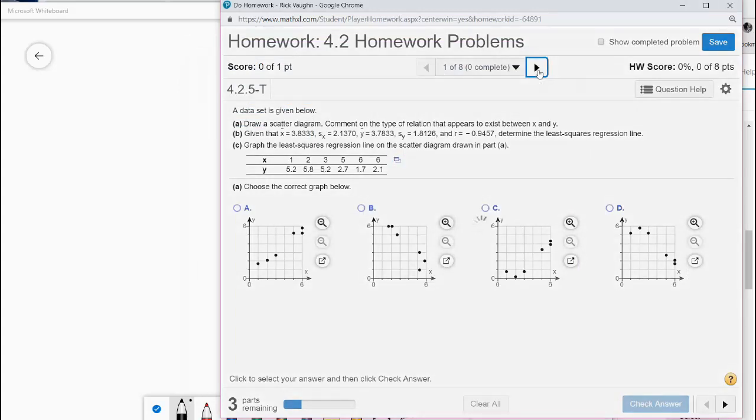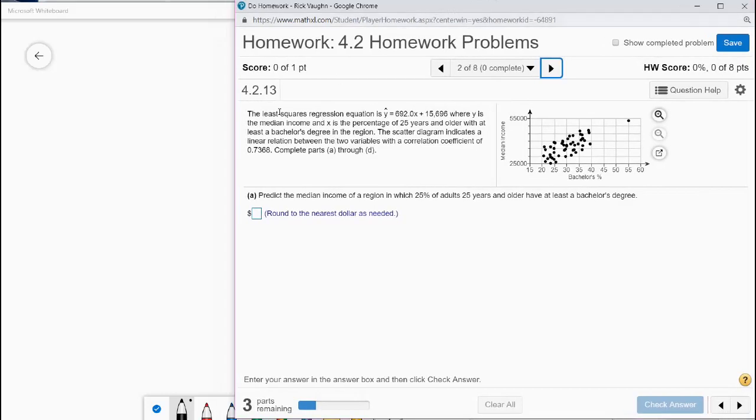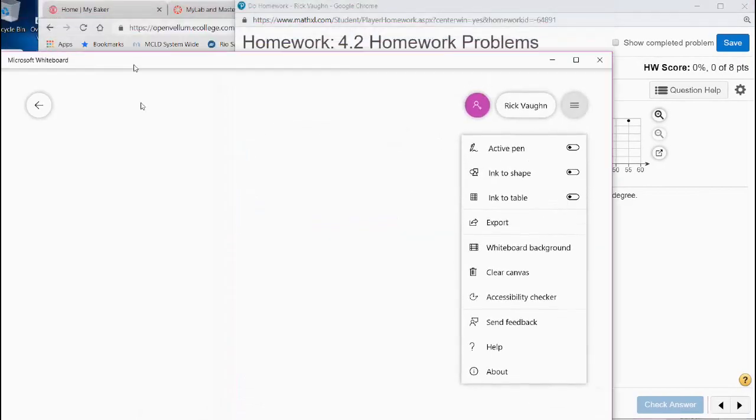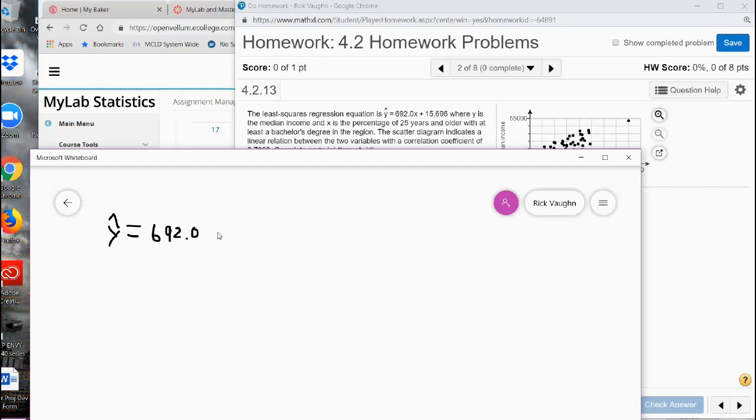The next question I wanted to look at was this one right here, and we're only going to do one part of this. Here they actually give you the equation of the regression line. For convenience, I'm going to copy that over into the whiteboard. Let's write this as y hat equals 692.0 x.